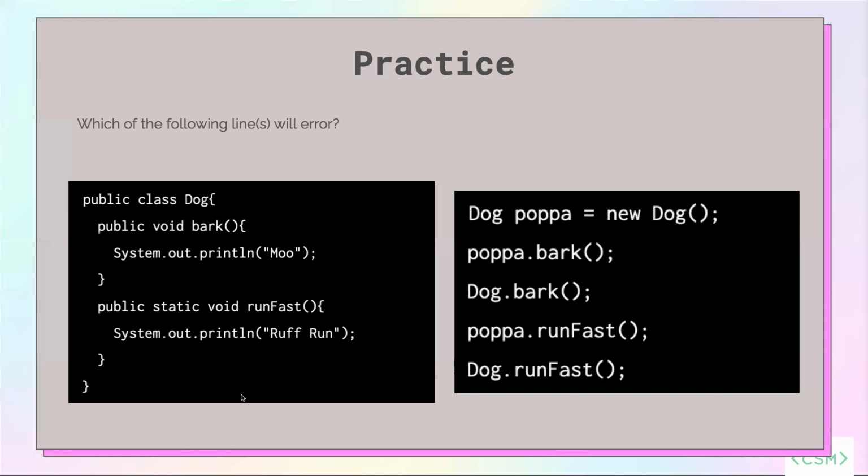Thank you. We have a question. With dog Papa equals new dog, would that error because there's no public dog constructor? We're pretending it's there. Just assume it's there. But that's a good catch.